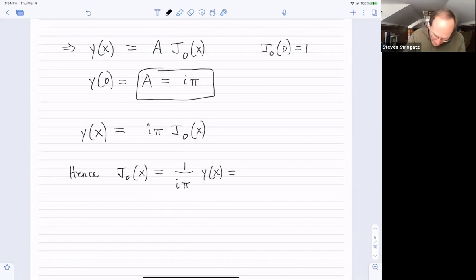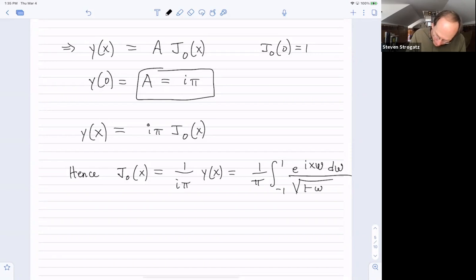So canceling out factors of i, we get 1 over pi, integral from -1 to 1, e to the ixw dw over the square root of 1 minus w squared, which is an interesting integral representation of J0. It's not the one exactly that we're used to. It's pretty close, but it's not the one we're totally used to.